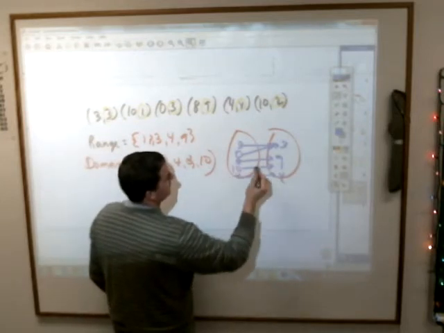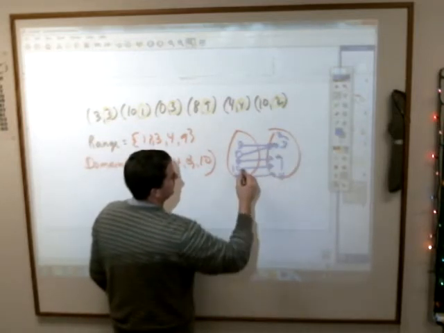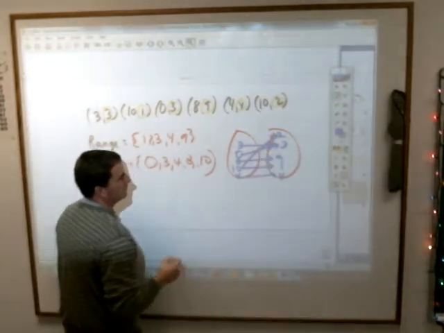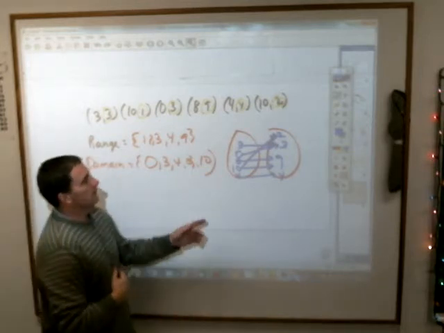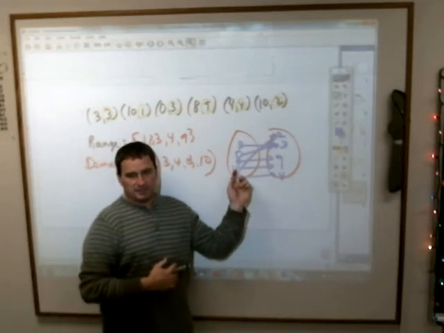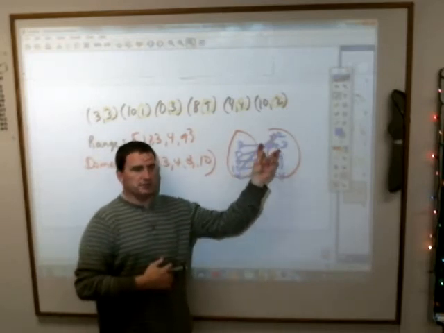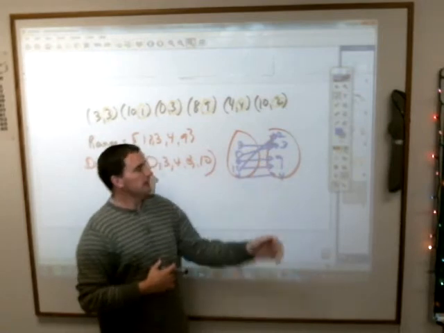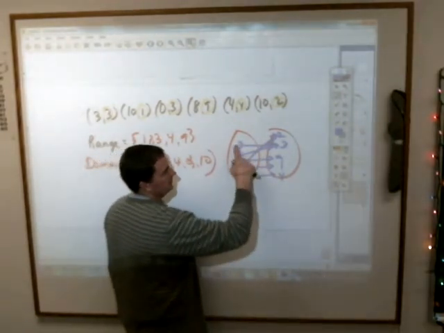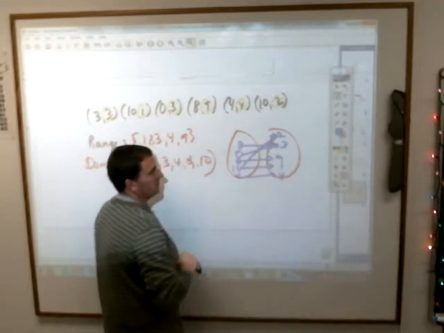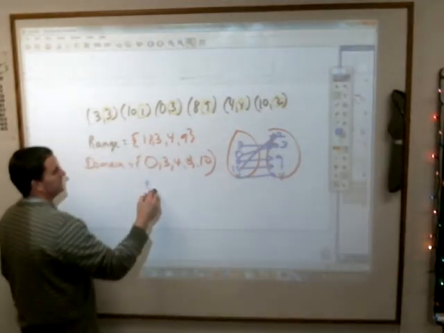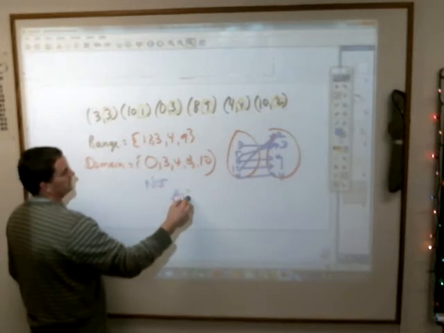And 10 goes to 2. Function, yes or no? Why not, Jeremy Schwartz? Because the 10 is going to be different. You can't have the same x value have 2 arrows going to 2 different numbers. That's not allowed. Now this was fine. I could have the 10 and the 3 both go into 3 because they're only going to 1. But you can't have 2 arrows coming off of 1. So this is not a function.